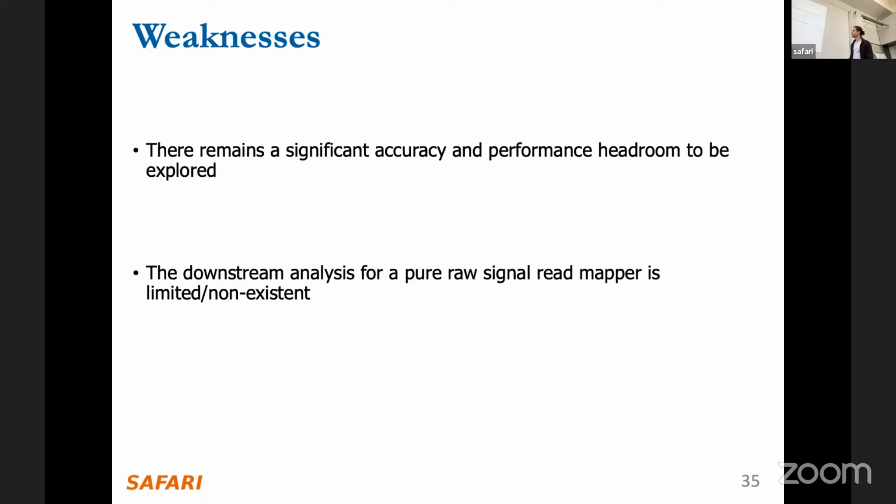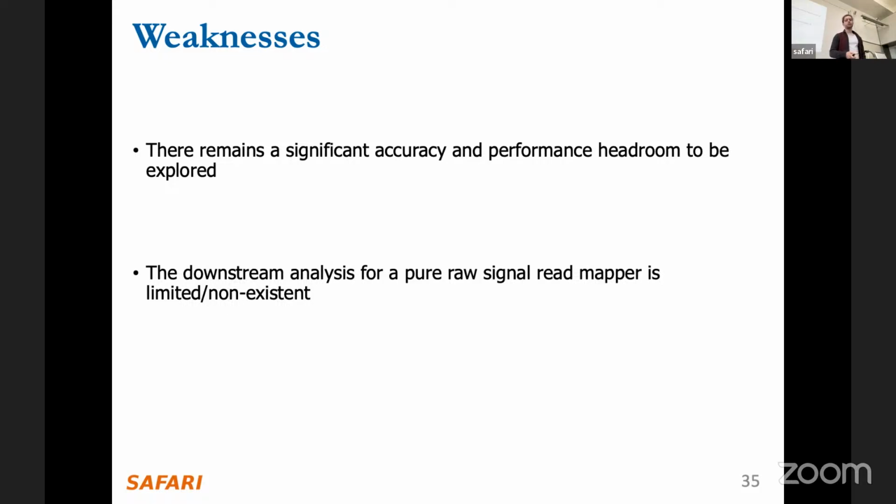Second part is kind of tangential to this entire raw signal analysis direction. The downstream analysis is kind of missing for now. So yes, we can, for example, use this for real-time analysis and then do read until decisions, which is all fine and dandy.